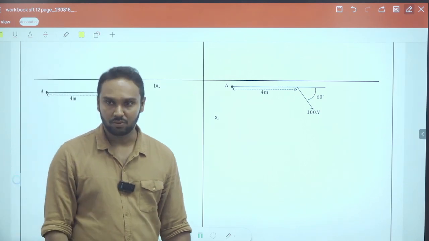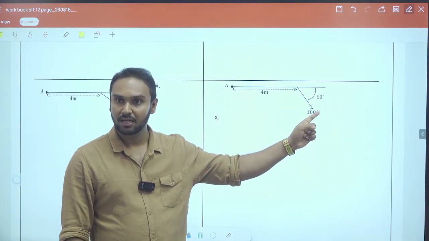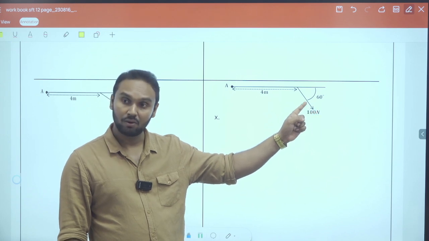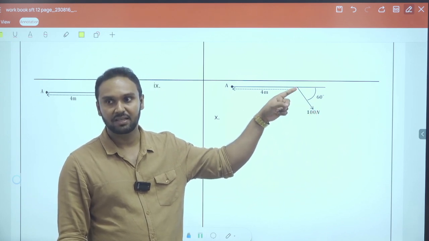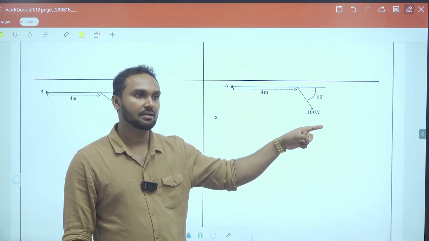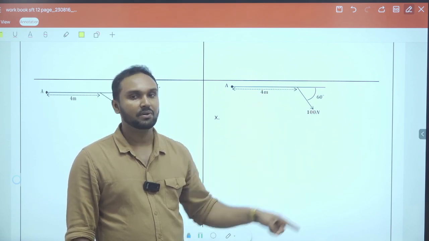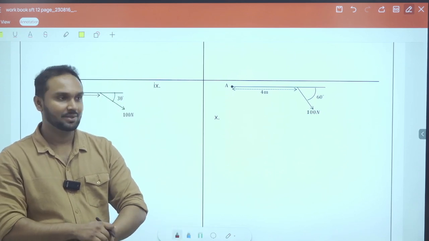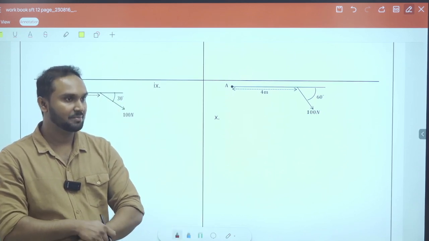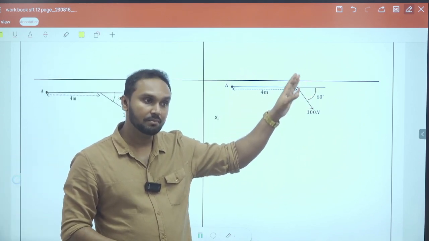When you are taking the torque, the distance and the force should be perpendicular, or else if it isn't perpendicular, if it is acting at an angle, what do you have to do? You have to take the perpendicular component of it. Yes? Now can you remember? Good. You have to take the perpendicular component of it.